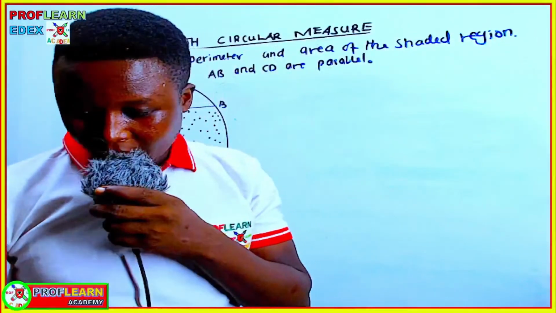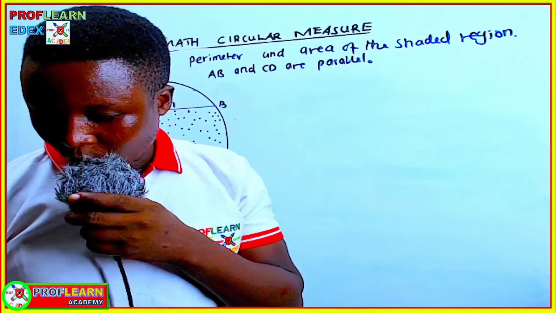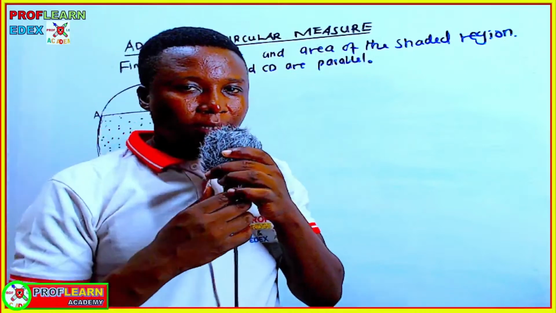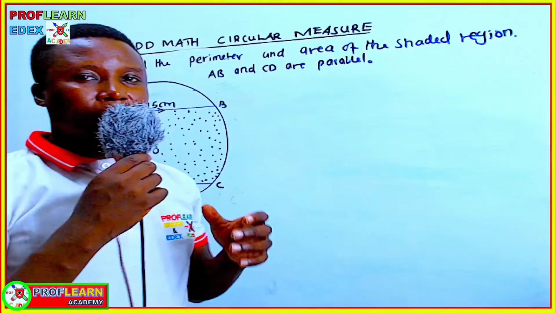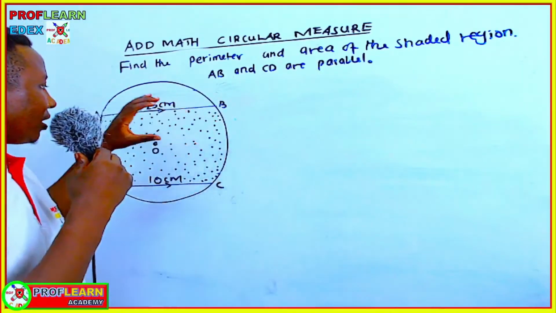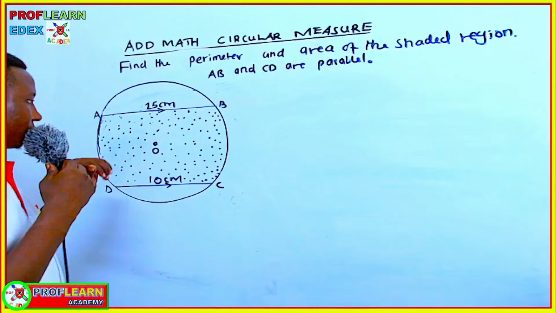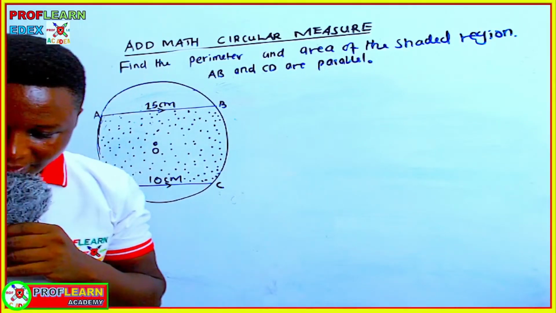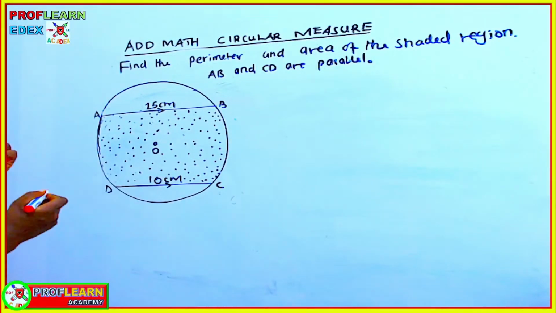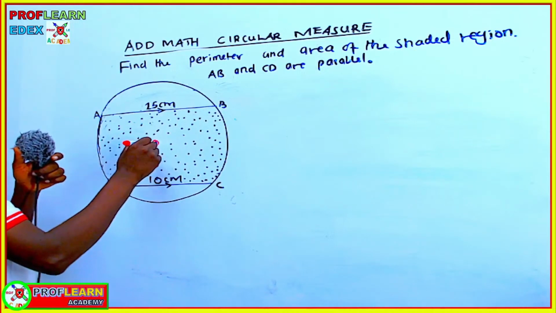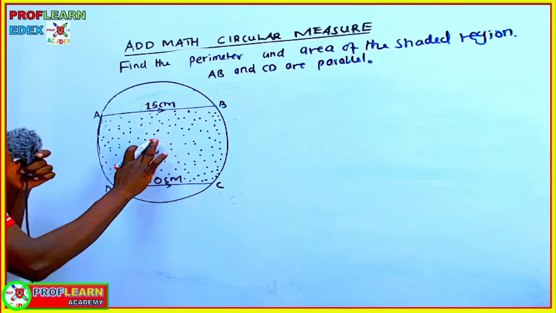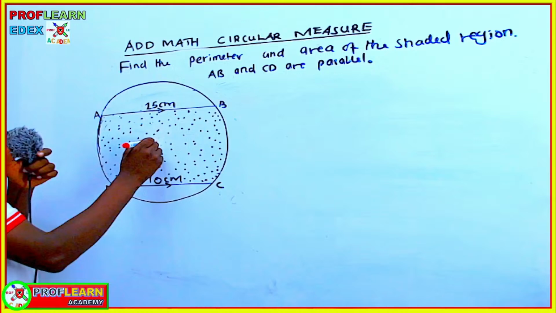In this question here, we are supposed to work out the perimeter and the area of the shaded region. The information that was provided in this question is that O is the center of this circle.